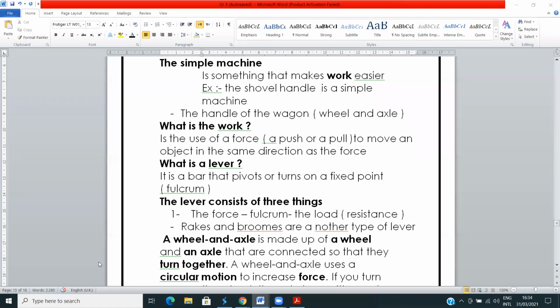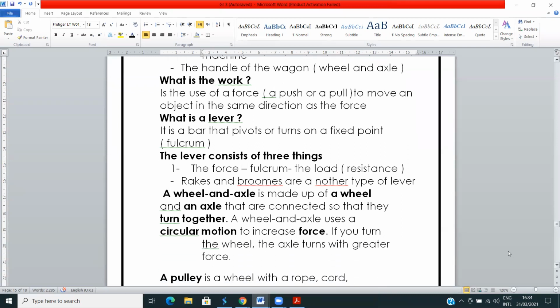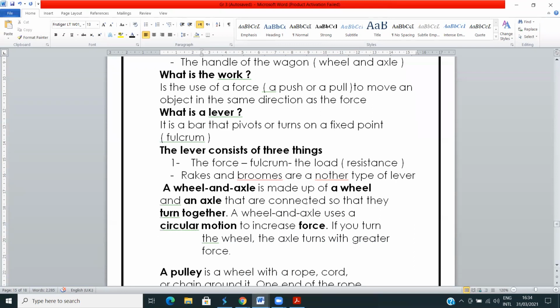Aun Ashraf, talk about the wheel and axle. Do you see it in front of you? A wheel and axle is made up of a wheel and an axle that are connected so that they turn together. Yes, it's connected together. Like what, do you know?